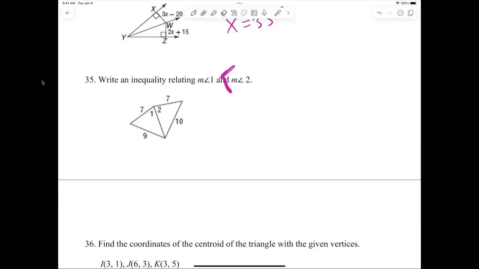Well, the third side can't be congruent. Of the two triangles, two sides have to be congruent. And then you can determine what angle is bigger or what side is bigger based on the angle or the side.